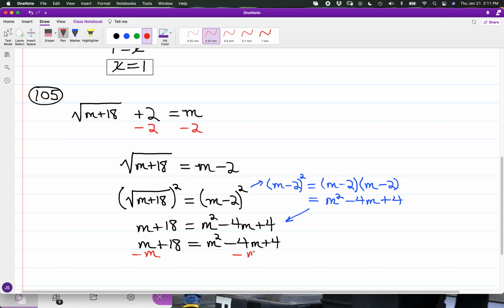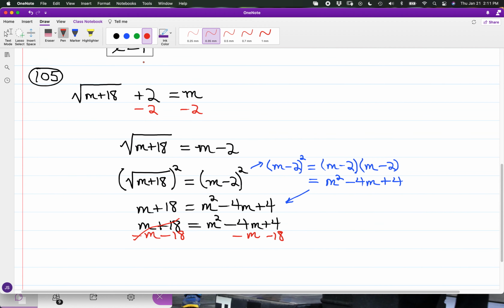So we're going to have minus m as well as minus 18. So here I'm going to have 0 is equal to m squared, and -4m minus m becomes -5m. 4 minus 18 becomes minus 14.